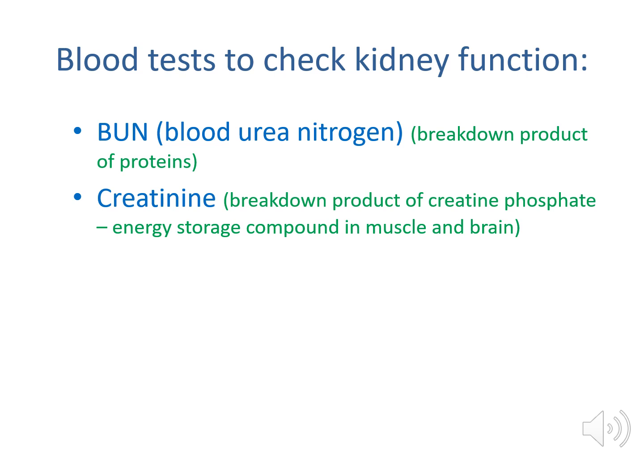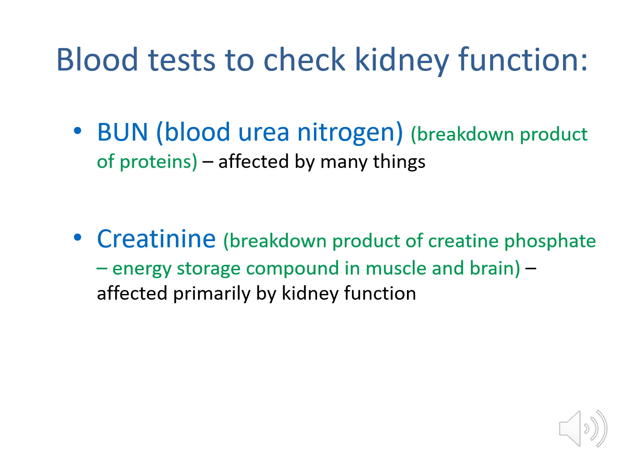If the levels of those go up, we know the kidney is not doing a good job of getting rid of those waste products. Now, we usually run both BUN and creatinine, but one of those two tests is more definitive to kidney function. The one that's more definitive is creatinine, and here's why.